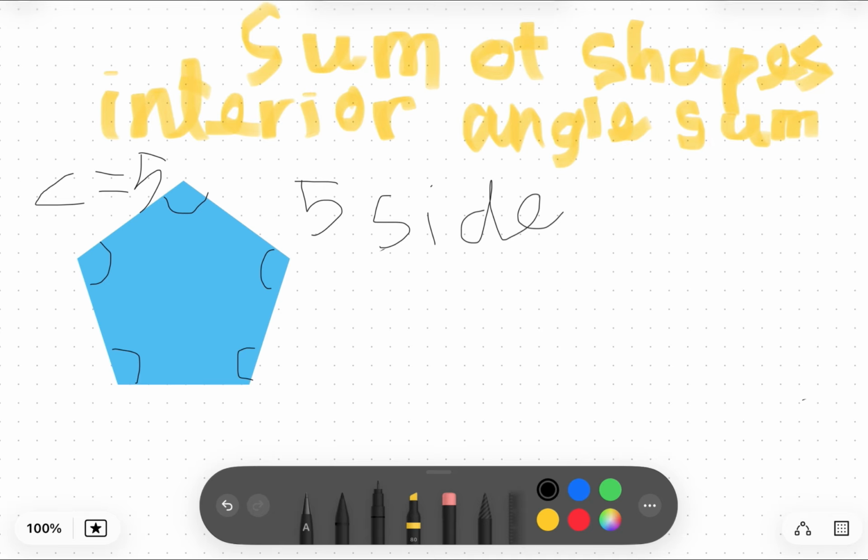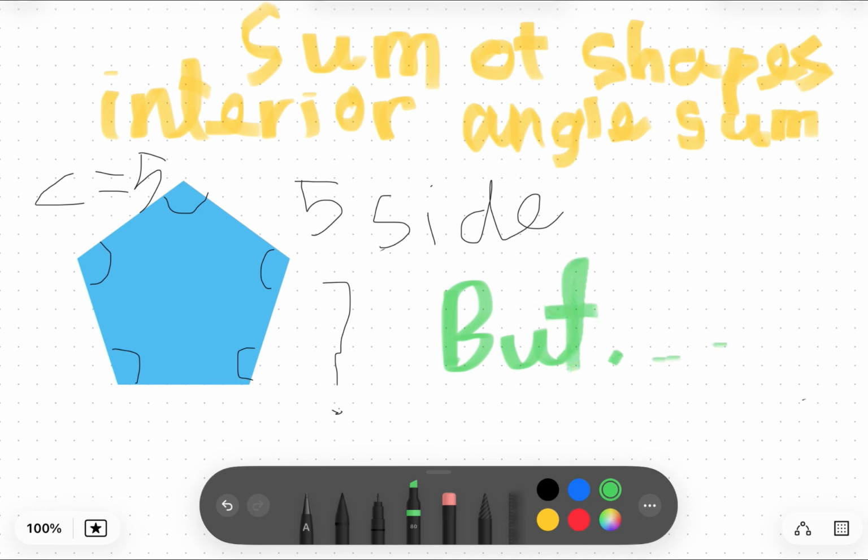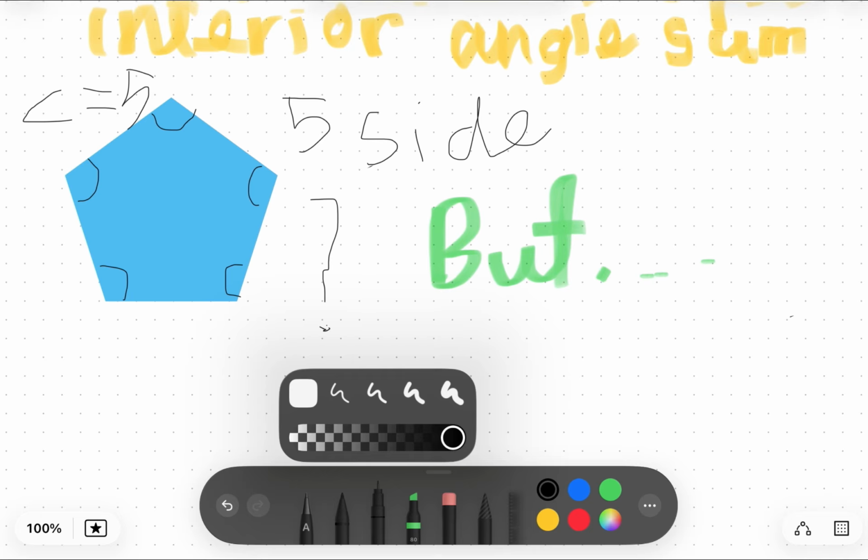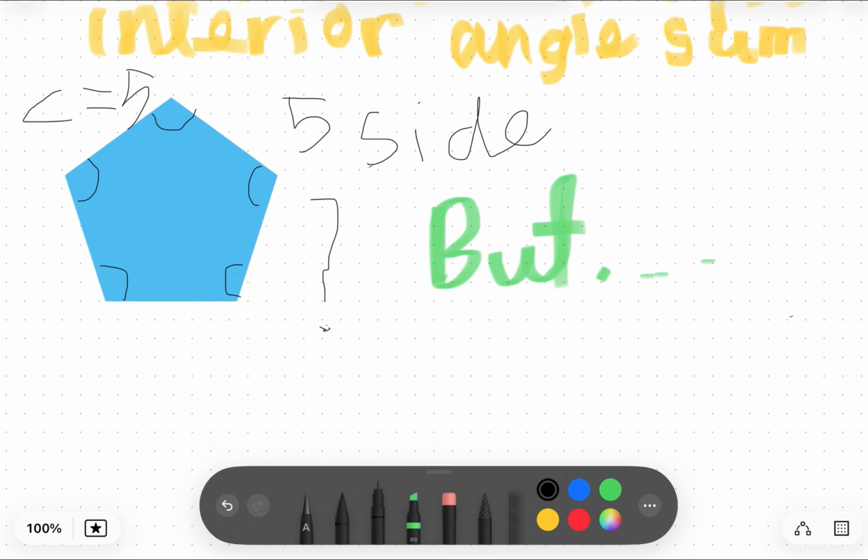We can't find out the sum. That's what you might be thinking. Now I'm gonna give you a huge green but. If we were to use this formula, now the formula I'm about to bring up is the interior angle sum.